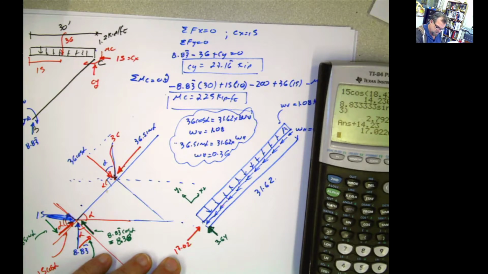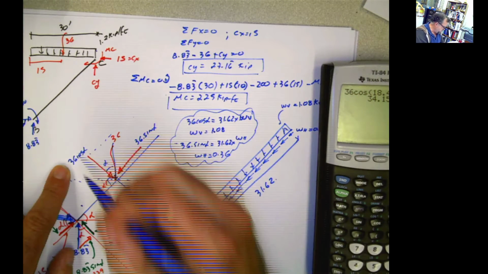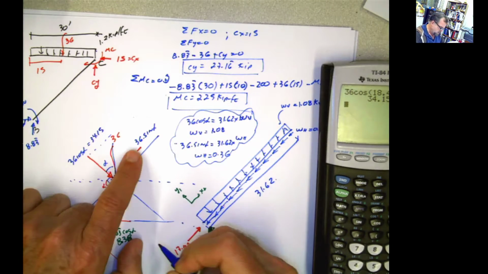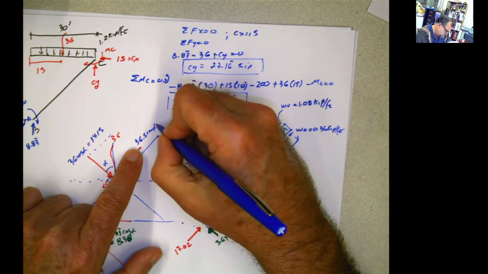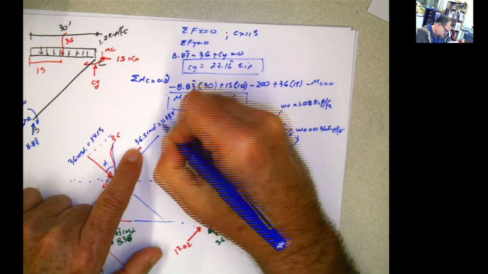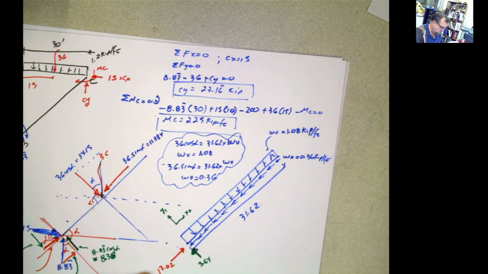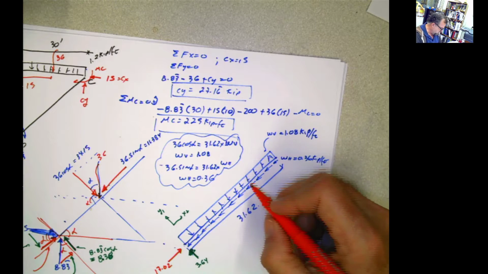Let me put these values here so when you review it, 36 cosine 18.43 is 34.15, and 36 sine 18.43 is 11.38. That's that value. So if I'm looking at this, summation of forces in this direction equals 0. So I'm going to have a force acting here.